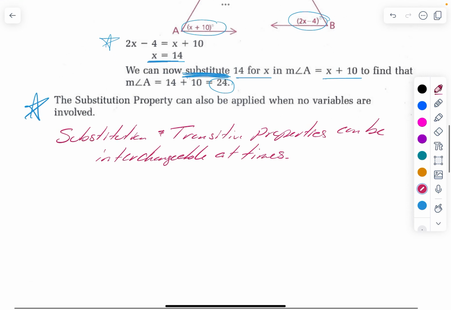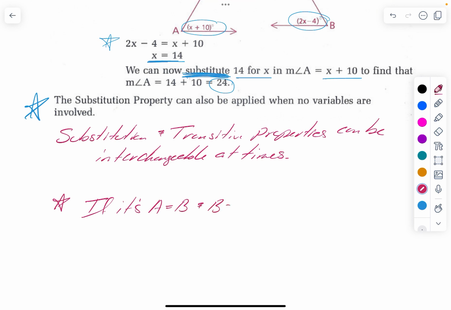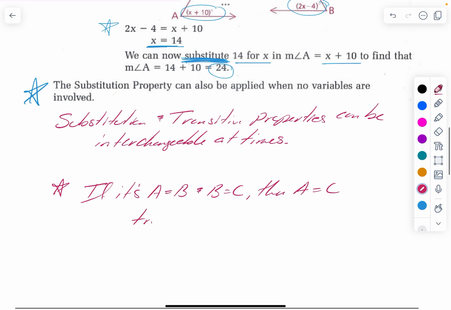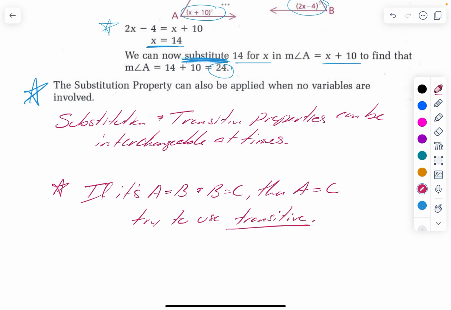So let's agree if it's A equals B and B equals C, then A equals C, try to use transitive. Okay, so if we can make that chain of reasoning, let's try to use transitive.